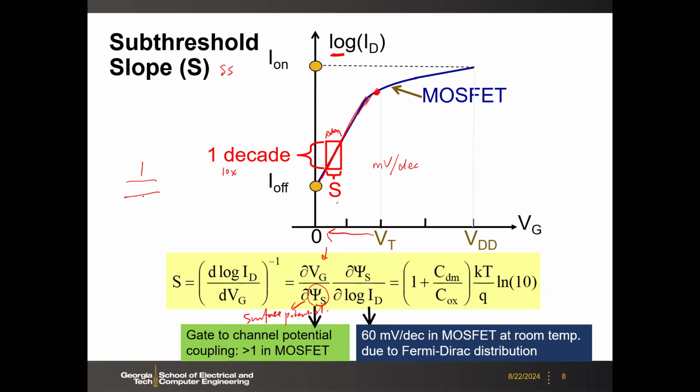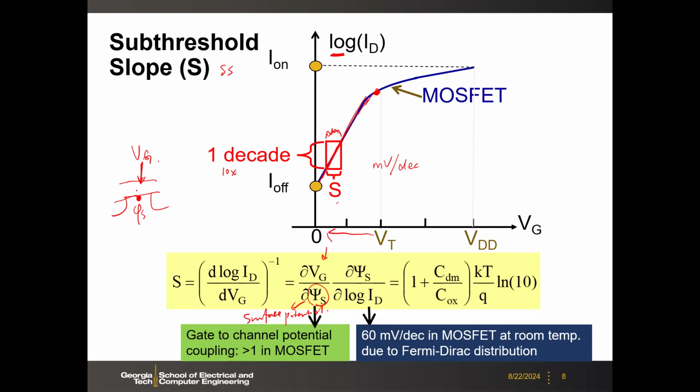Gate voltage is something you apply to the gate. Let's say you have a transistor, right? This is the voltage you apply from the gate, but the surface potential is the voltage at the surface of the channel. So the voltage you apply from the gate may not be 100% applied to the surface of the silicon.